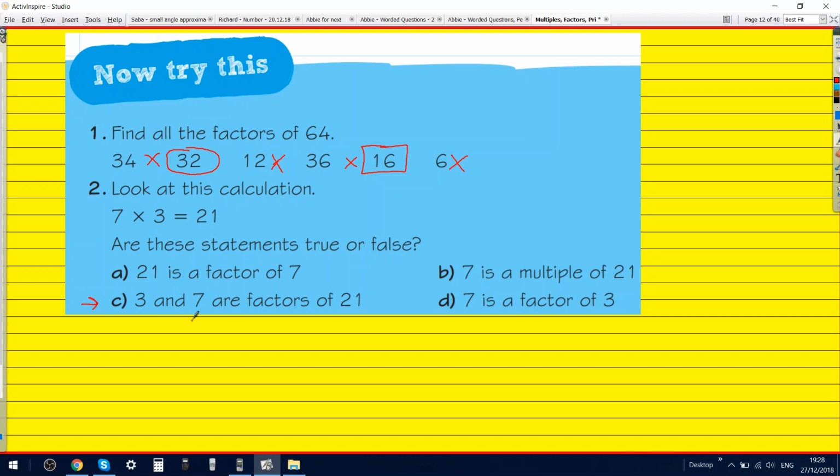So factors means numbers that will divide evenly into it. So 3 times 7 is 21. 21 divided by 3 is... wait, no, wait.